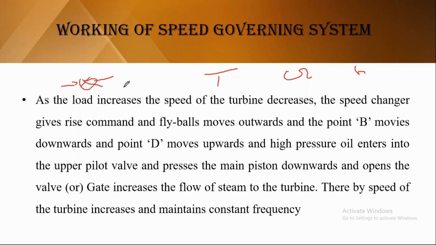And if controlling action is needed, from which point we can control it. We will discuss this speed governing model in tomorrow's class, the next class. It is the most important derivation part from the second unit.